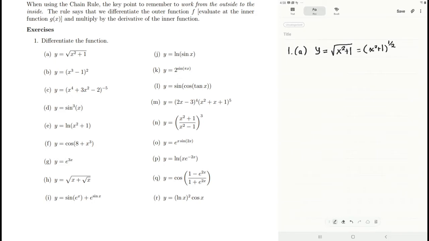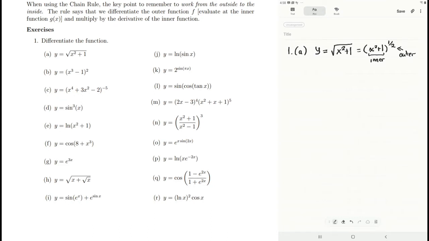We have the inner function, which is x squared plus 1, and the exponent of 1/2 is our outer function. So again, the key thing to remember about the chain rule is to work from the outside towards the inside.